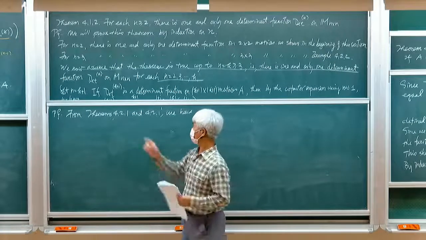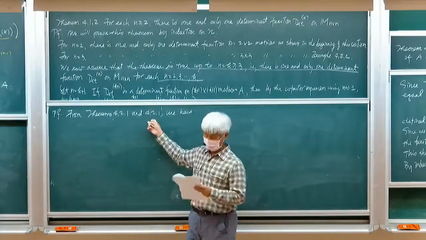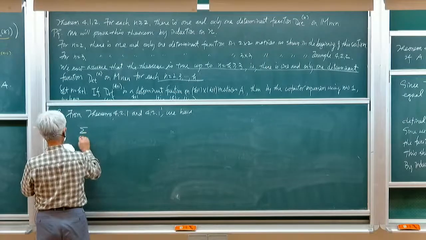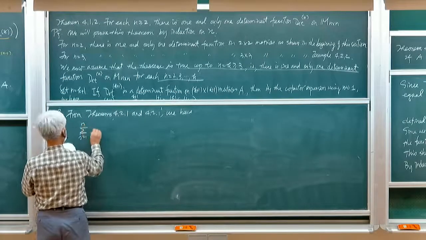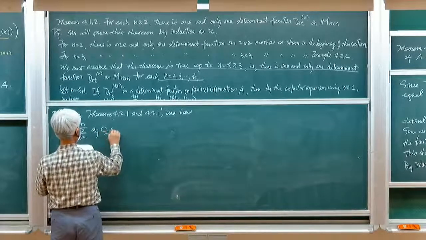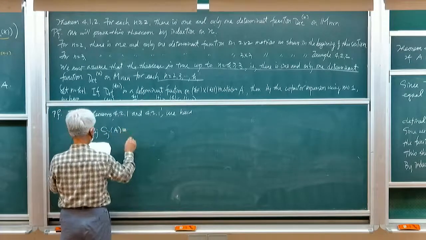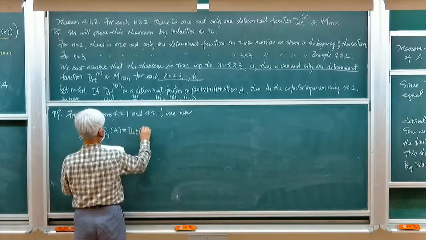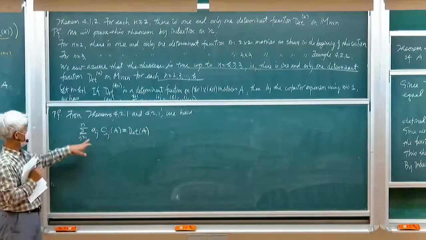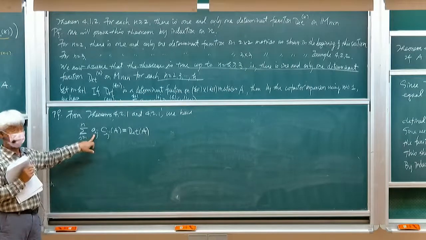Using rows and using columns. So using row i, we have the sum of a_ij and C_ij, which is the determinant of A. So this is the cofactor expansion using row i.